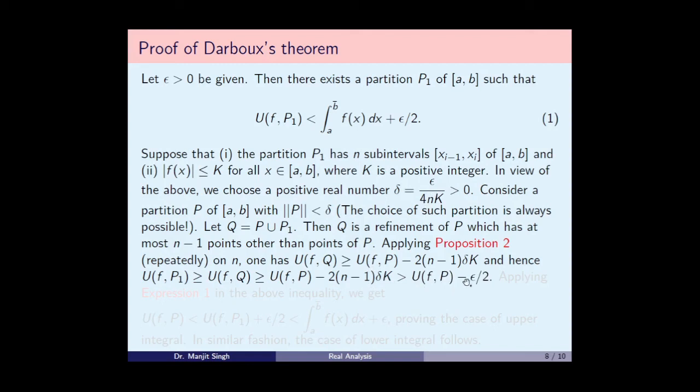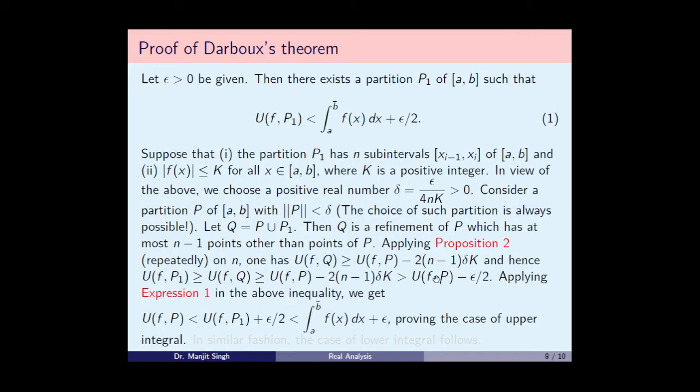Applying this expression 1, you will see here this expression. From here UFP1 is greater than UFP minus epsilon by 2.